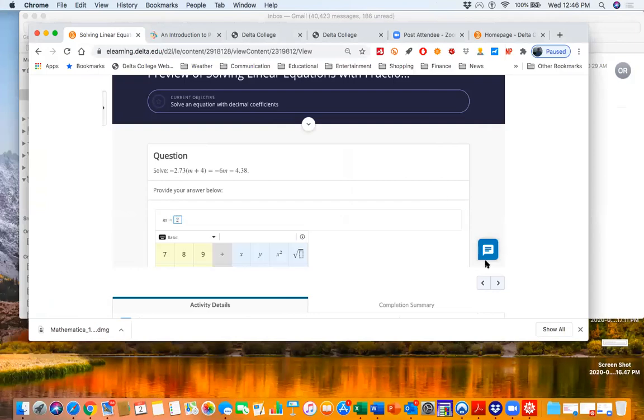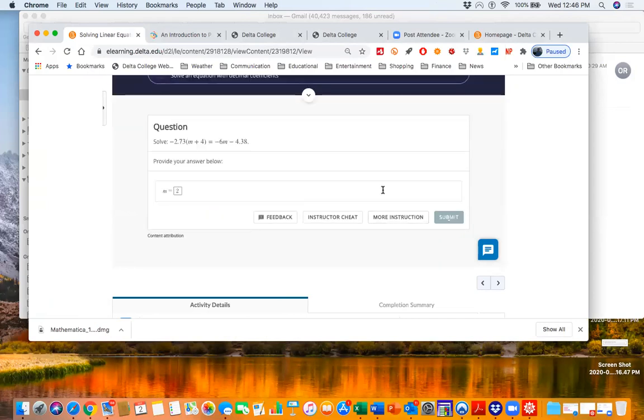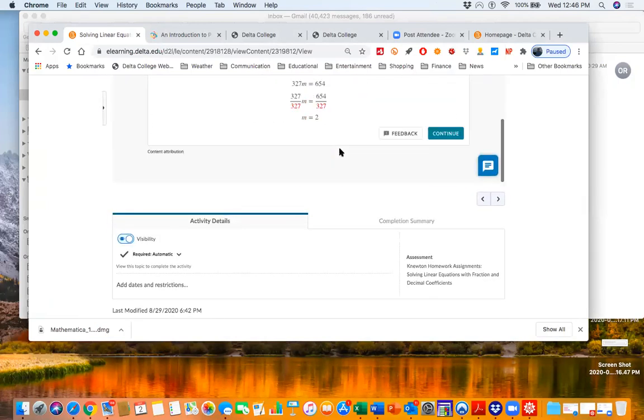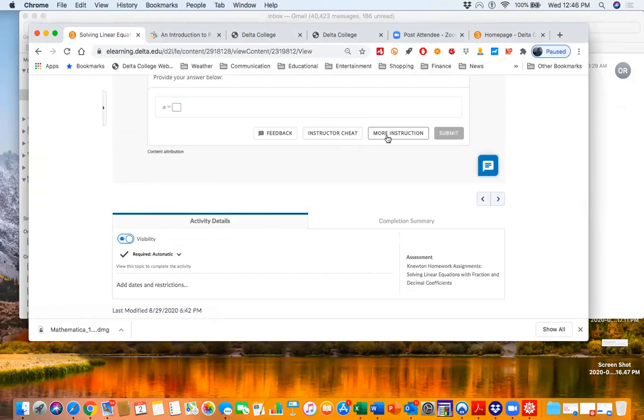I want to get it right. And we'll just continue. That looks very similar to the one Dakota just had, so I'm going to cheat that one and submit.